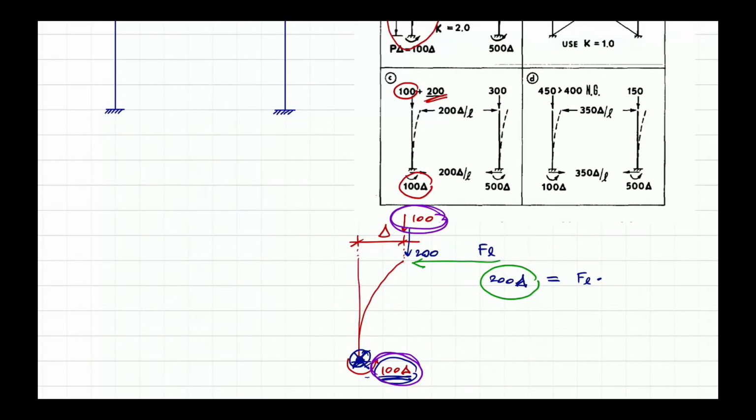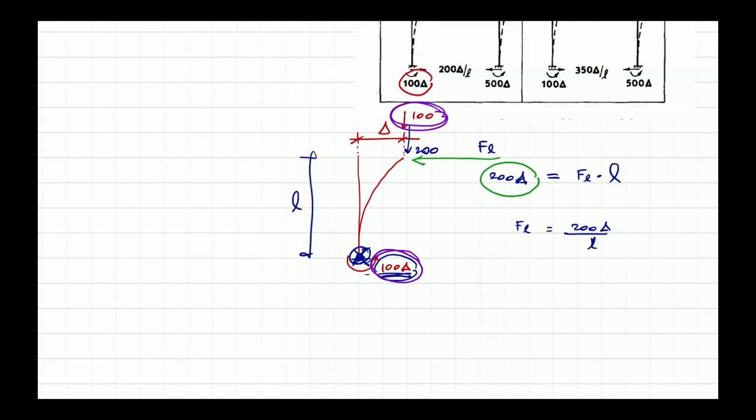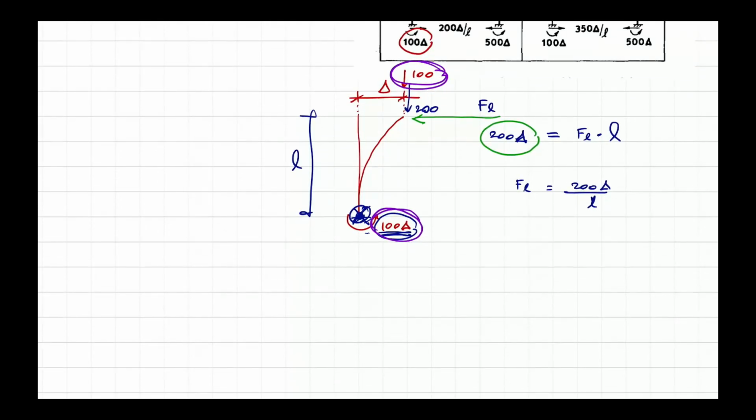Take moment about this point here at the base, so you need this height, which is equal to L. So F_L is equal to 200 times delta over L. If you have this force acting on the left column, on the right column you'll be expecting an identical magnitude of force, the action to this one being 200 delta over L. So this part comes along with 300.